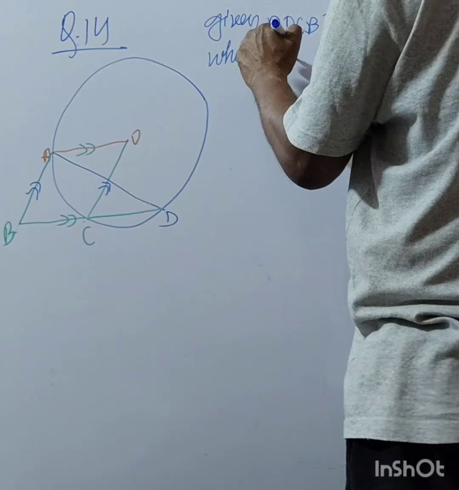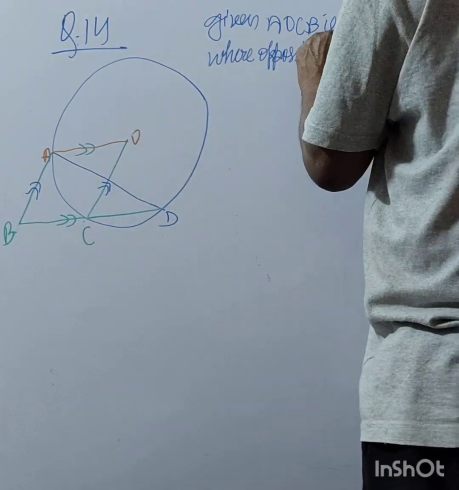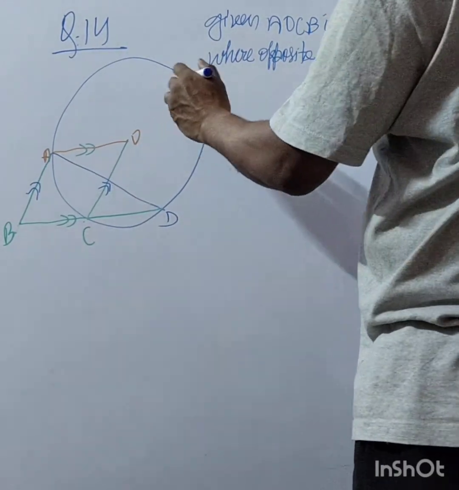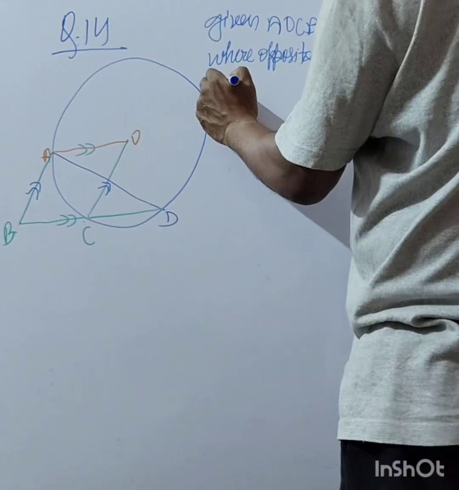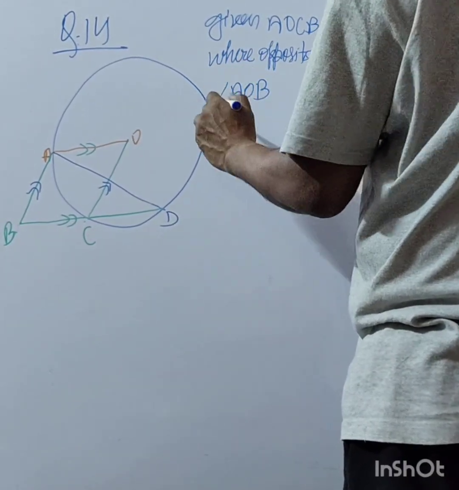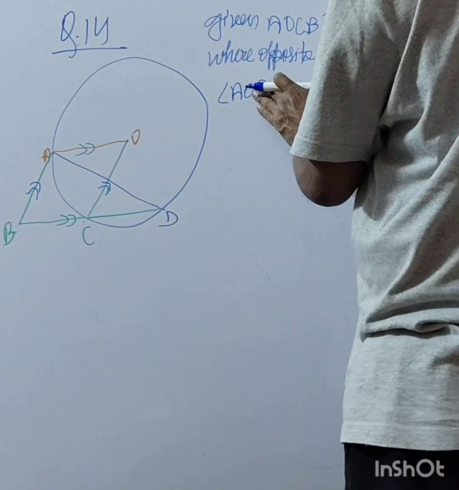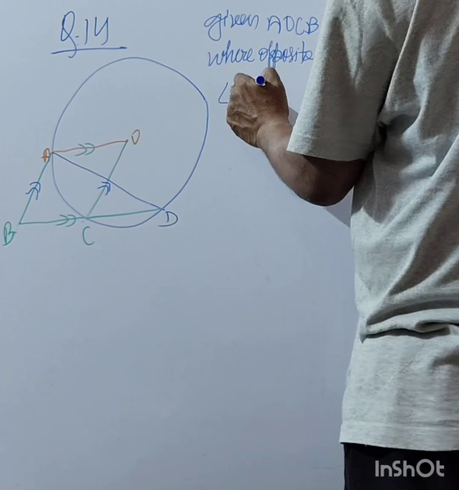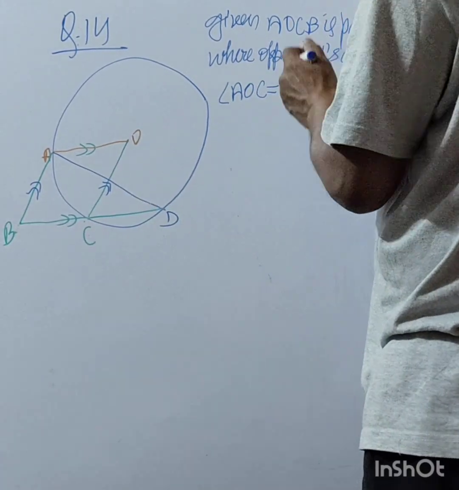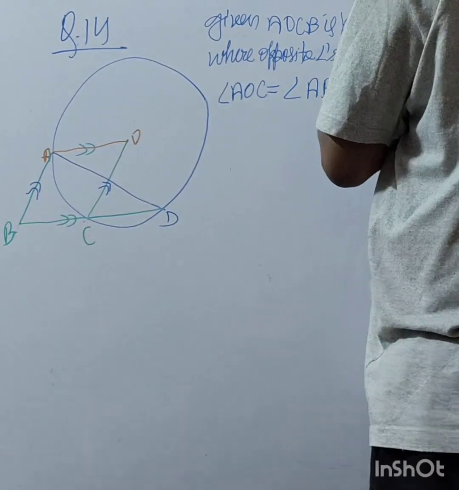Opposite angles are equal. So angle AOC is equal to angle ABC. Right?